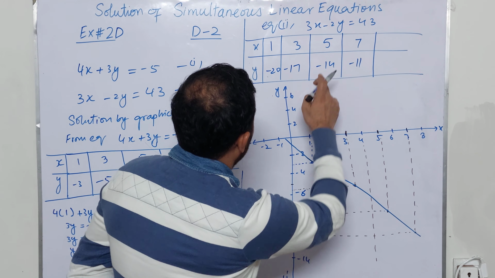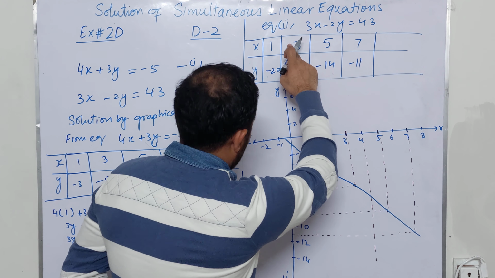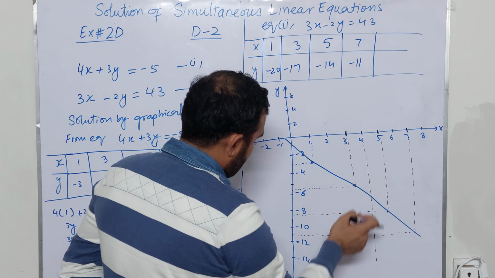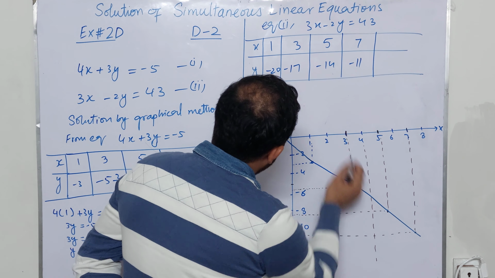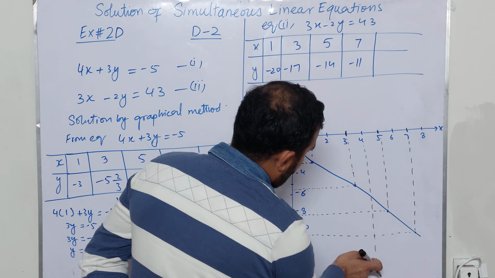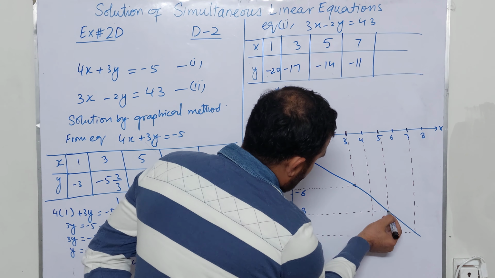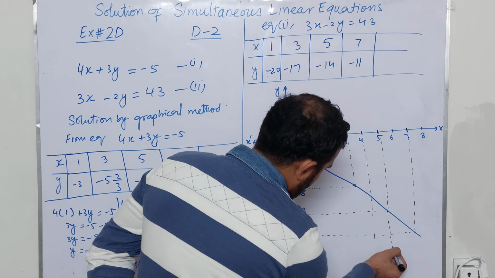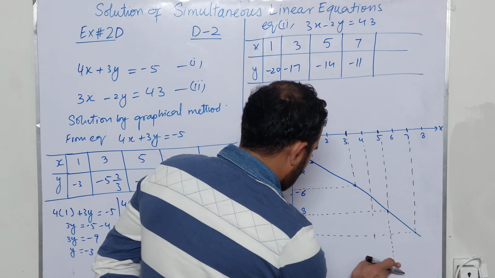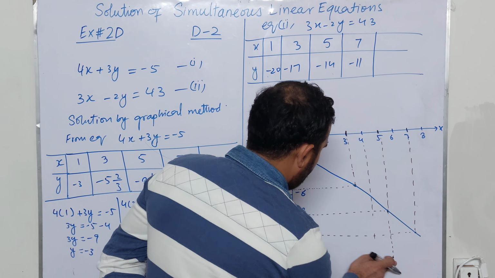Okay, so 1, minus 20 and 3, minus 17, so this is 3 and then 5. Yeah, 5, minus 14, so we have to draw this point 5, minus 14 over here, a little bit up.